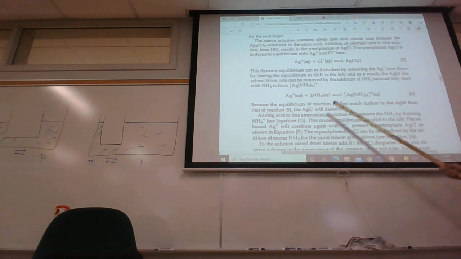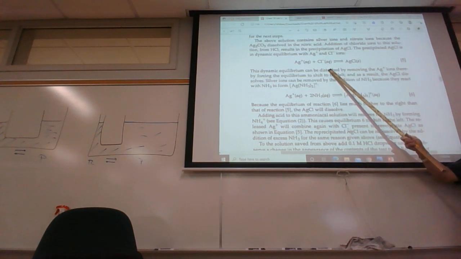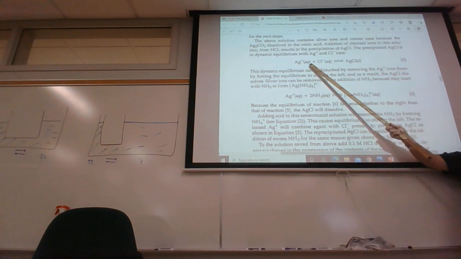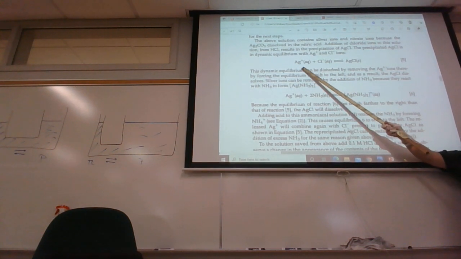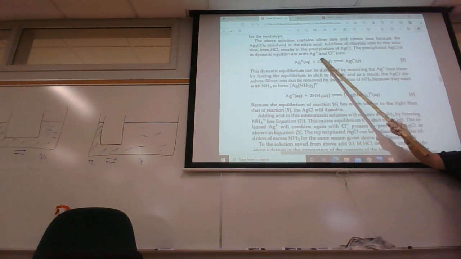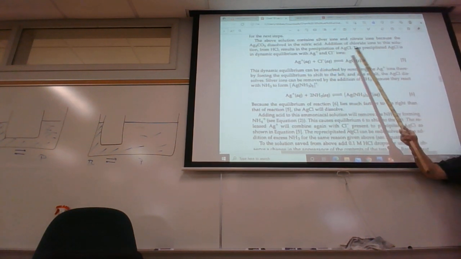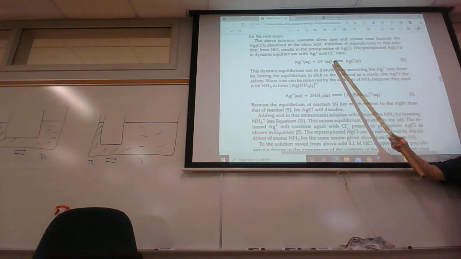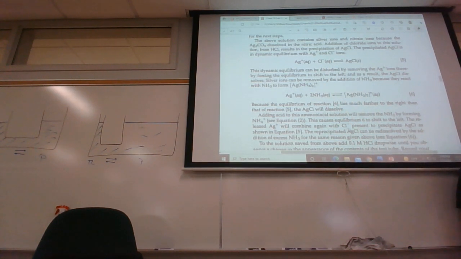So if we mix potassium permanganate with this, the permanganate will oxidize the chloride. Silver is already oxidized, so you're not going to oxidize it more. We'll form chlorine. Chlorine can bubble out as a gas, and that's going to shift this to the left. So that's good. There are other oxidizers we could use too on the list.